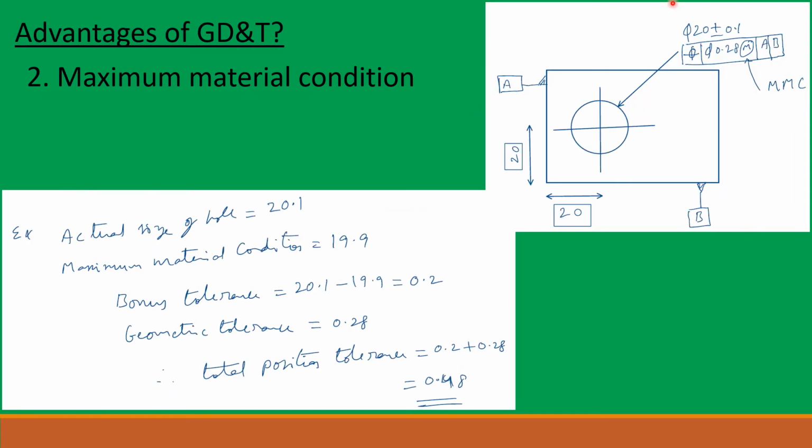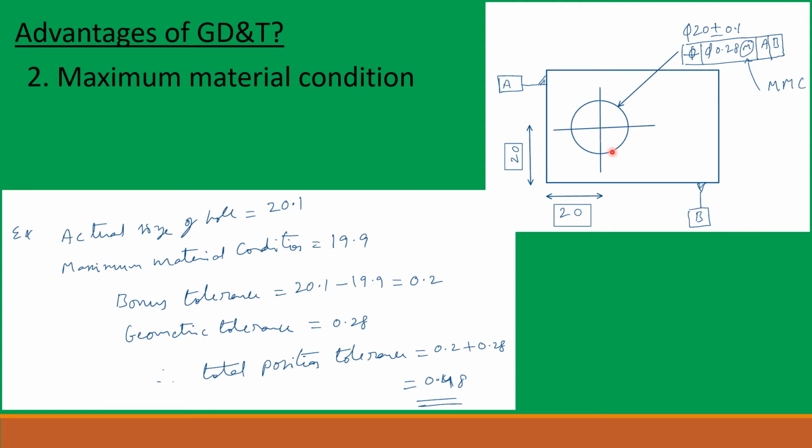Here the same part is specified using GD&T and this hole is specified a position tolerance of 0.28 inside circle, that means maximum material condition. So the maximum material condition of this hole will be 19.9 millimeter, 20 minus 0.1.